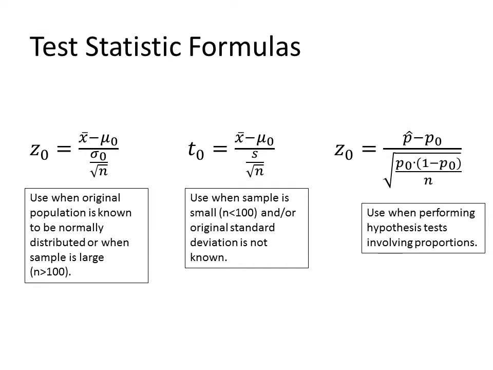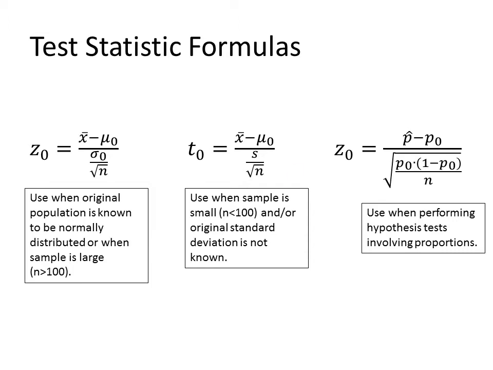There were three different formulas that we are going to use for test statistics when we're doing hypothesis testing. And they're all basically the same, but we use them in slightly different scenarios. The first formula is used when we have a sample that is large and we're trying to find the sample average.